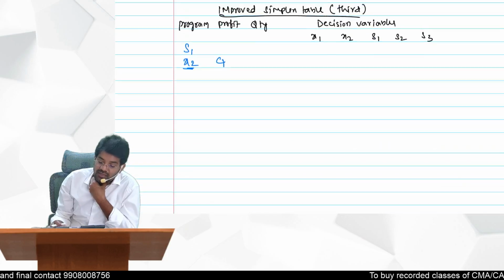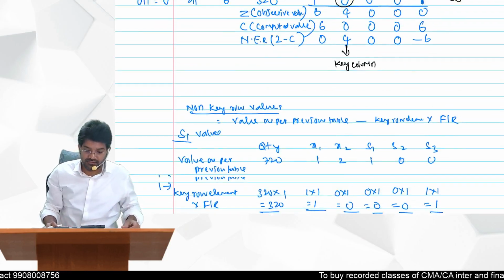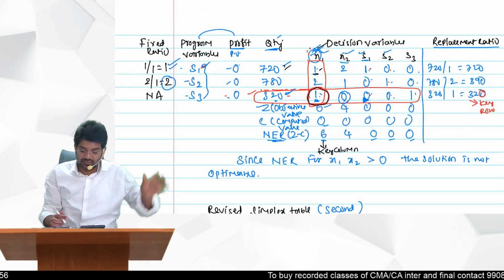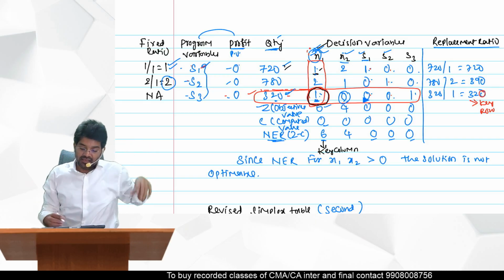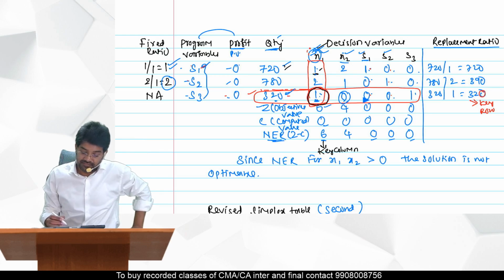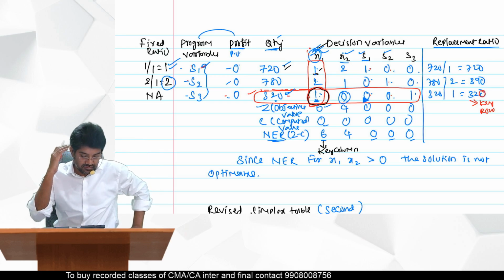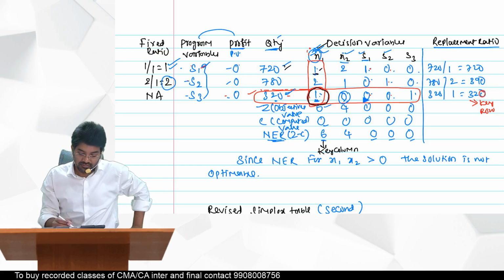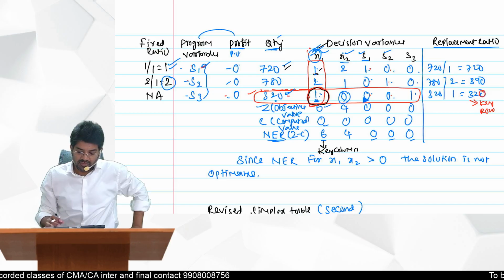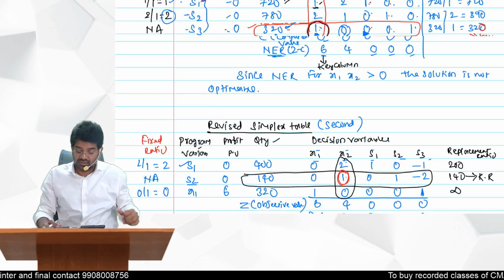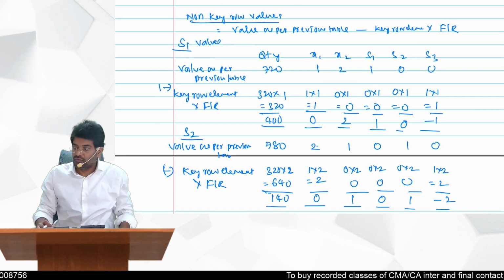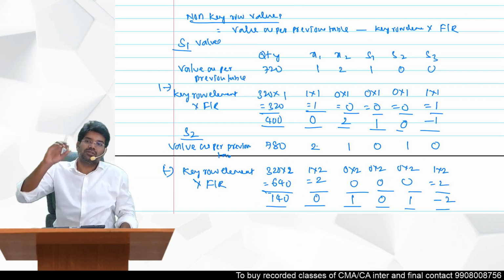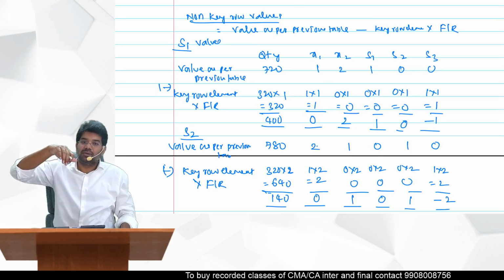The previous table quantity is 780. For the key row, we take the previous key row element divided by the pivot element.